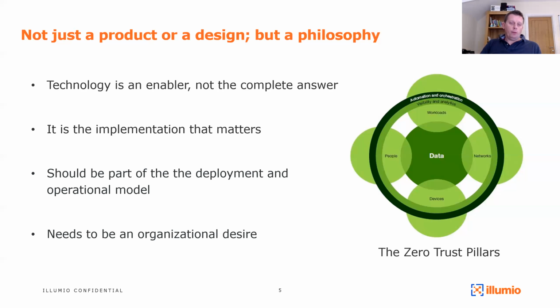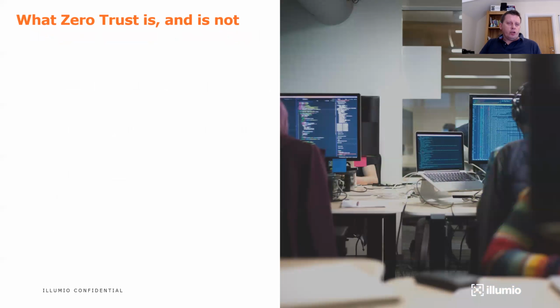They need the support of the business. They need senior stakeholder buy-in, and there needs to be a general message into the organization that zero trust is an organizational objective. It's a business objective. It's there to serve the business, and it needs to be supported by the business. And that's really important.